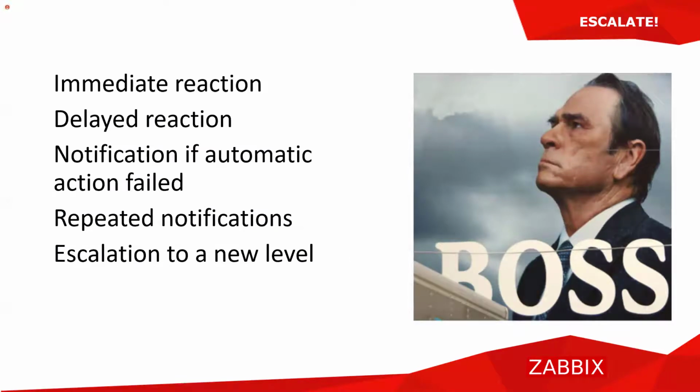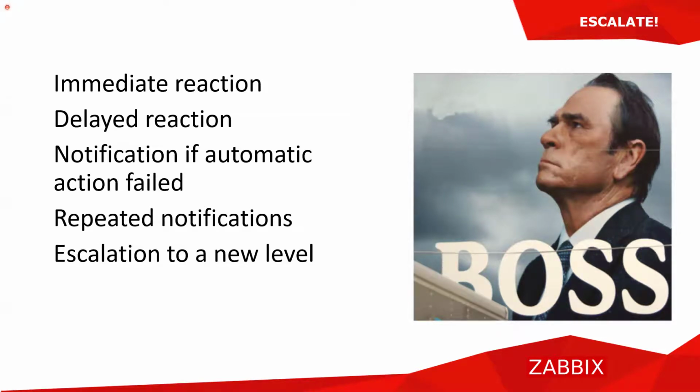And if we want to actually escalate, so we want to execute a specific set of actions when the problem happens, what can we do? We can provide an immediate reaction, like send a message instantly as soon as the problem happens. We can execute a delayed reaction, so give Zabbix some time to see how the situation changes, and if it's still in problem state, then Zabbix should notify someone after 10 minutes of persistent problem.